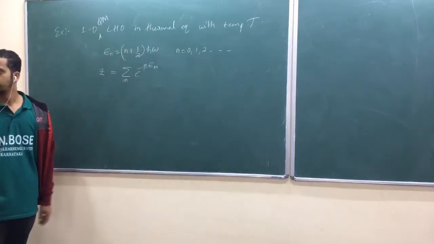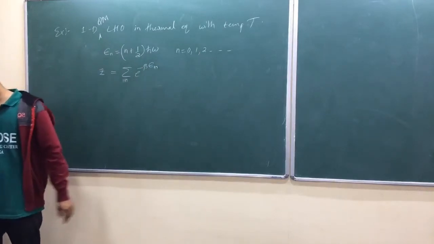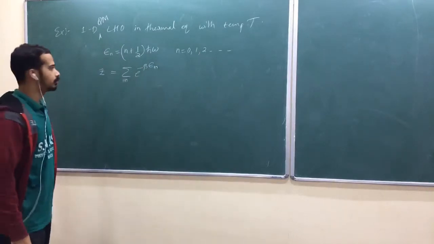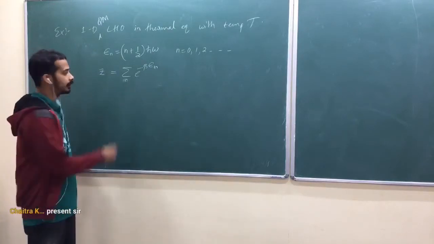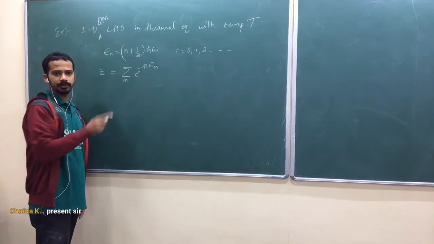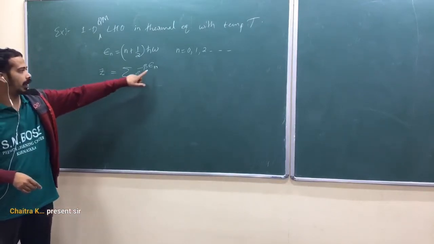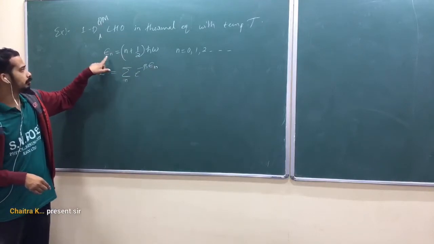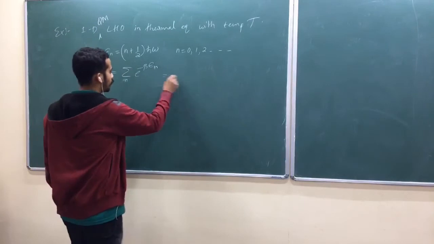A part of this problem is framed as 6.1, okay? Do that one later. Now you need to find this partition function. I have written r. What do you mean by summation over r? Sum over all possible energy levels. R is replaced by n because my energy is labeled by n in the case of the harmonic oscillator.